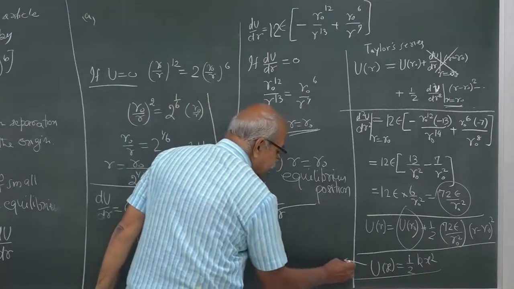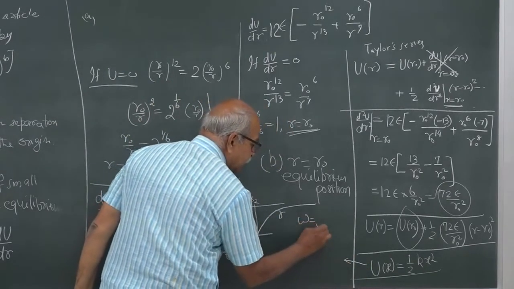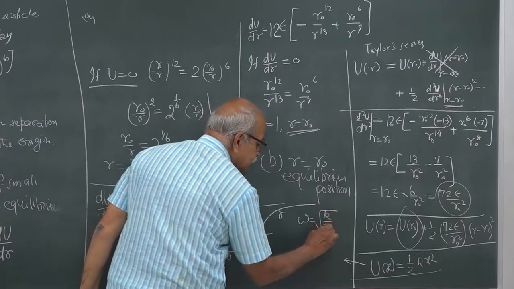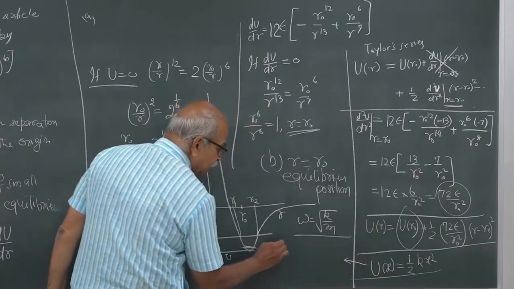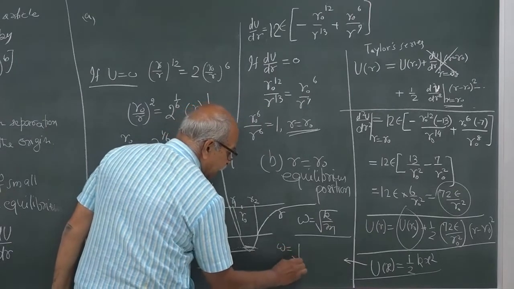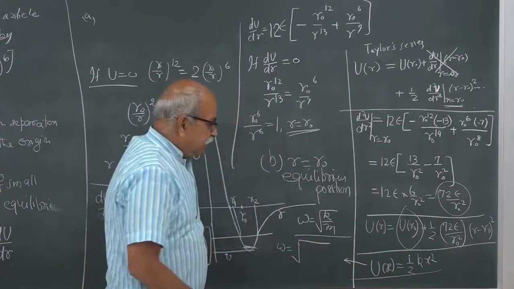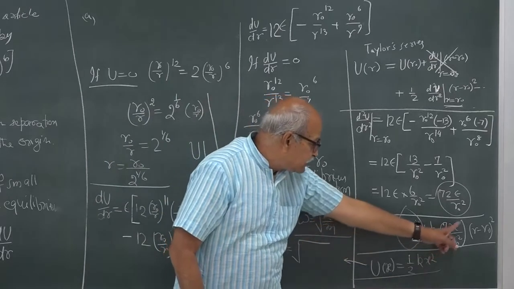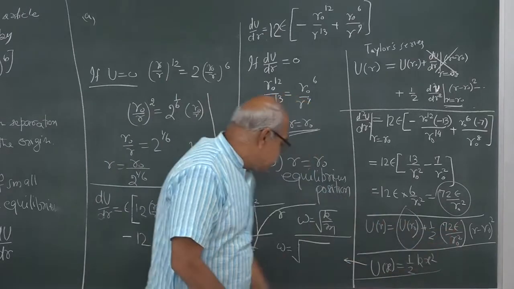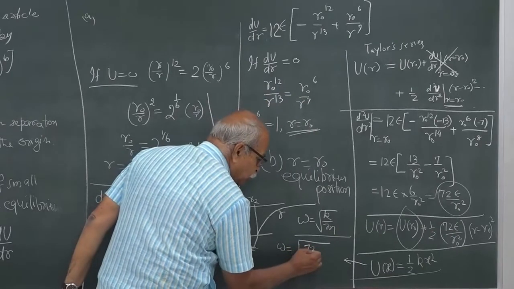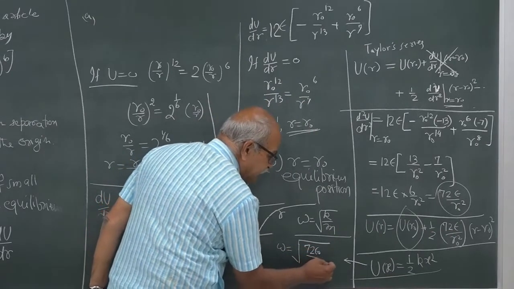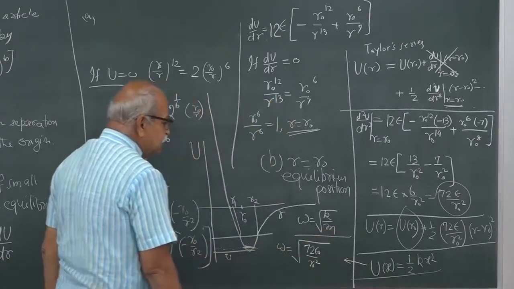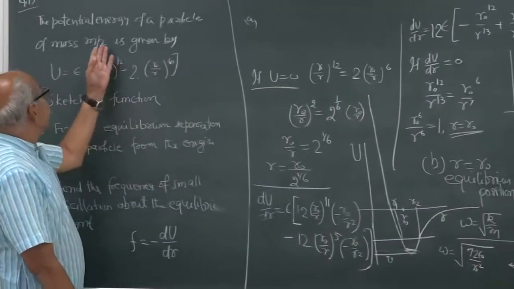So, for SHM you know angular frequency is square root of k by m. So, the same equation here, in our case omega is equal to square root of k. In place of k I have the 72 epsilon naught by r naught square, divided by m, and mass of the particle here is m by 2.